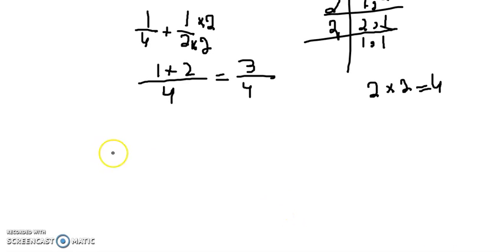And now we can combine it with 8 plus 3 by 4. So we will get 8 whole 3 by 4.